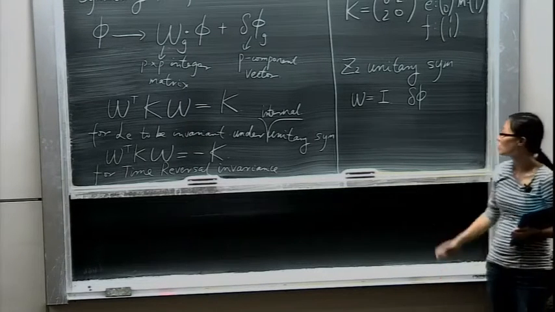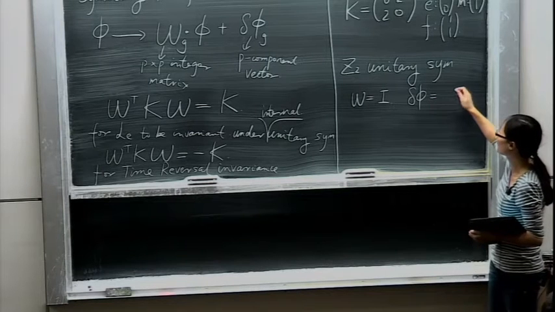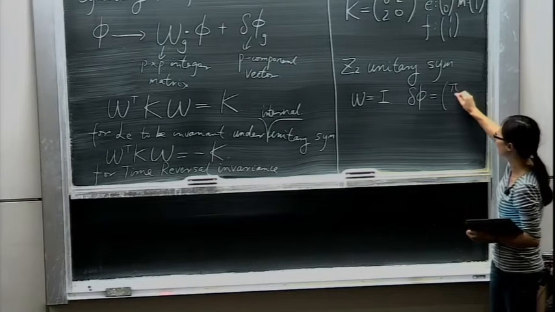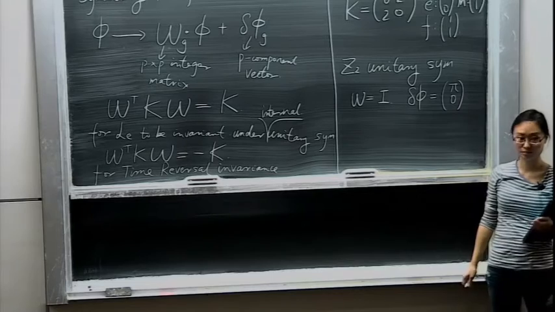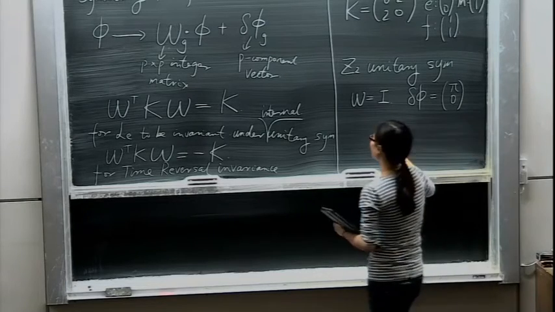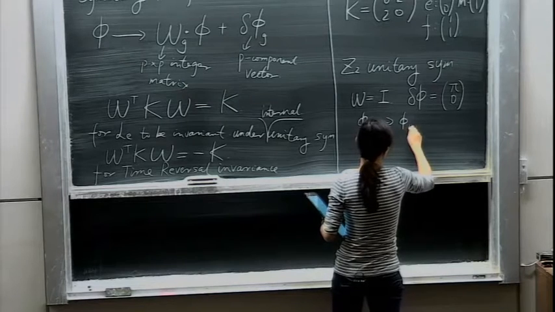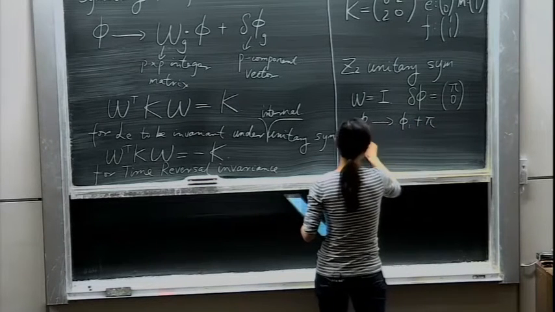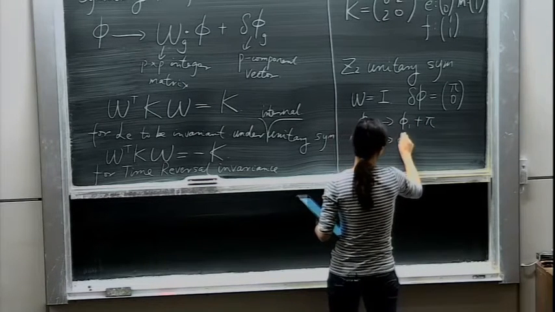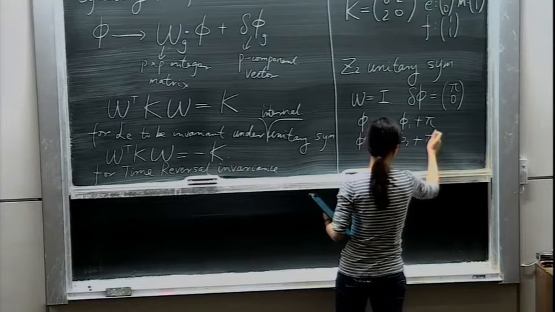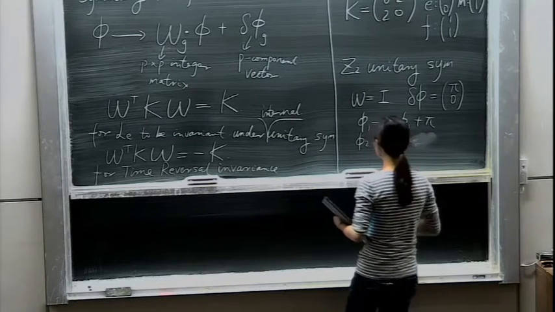So here, delta phi, for example, can be pi, 0. That's saying that phi 1 goes to phi 1 plus pi, and phi 2 doesn't change.